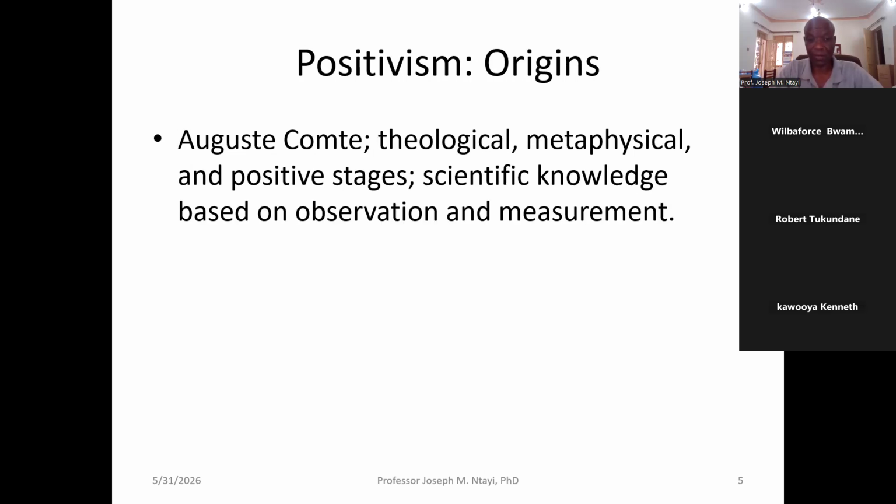It doesn't matter where you belong. We should be able to see the ontological dimensions of your statement of the problem. Now, that is not all. We should also be able to see the epistemological assumptions, or epistemological perspectives, of the research problem.